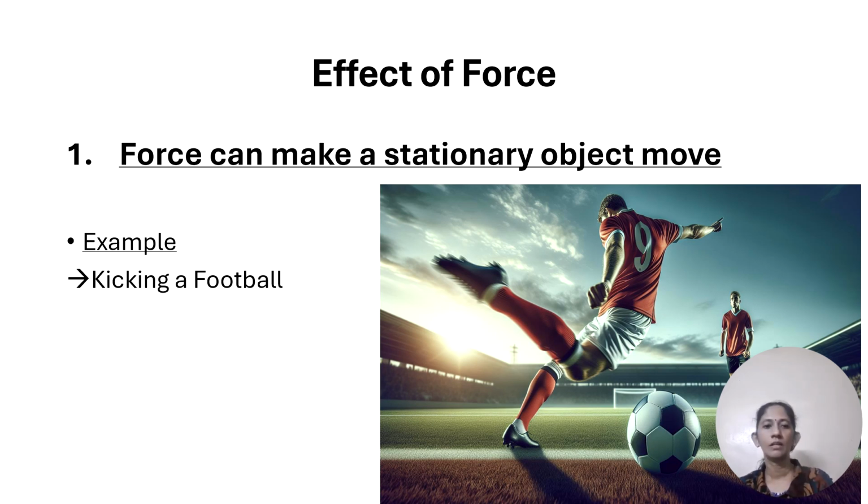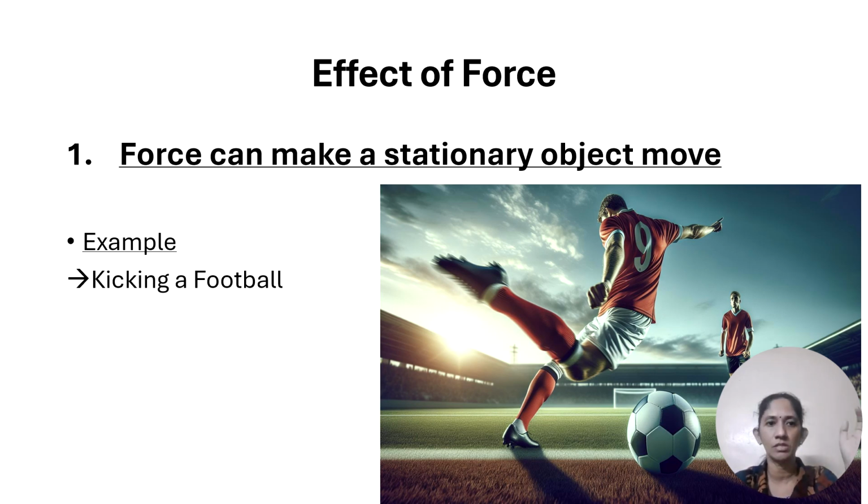Here, look, the example is kicking a football. This footballer is kicking a ball which is at rest. When he applies a force to that ball, that is, when he hits the ball, the ball moves, isn't it? Initially, that ball is at rest. When he applied force, the ball moves. That is the first point. Force can make a stationary object move.